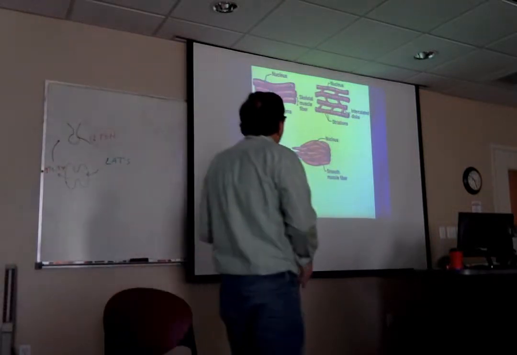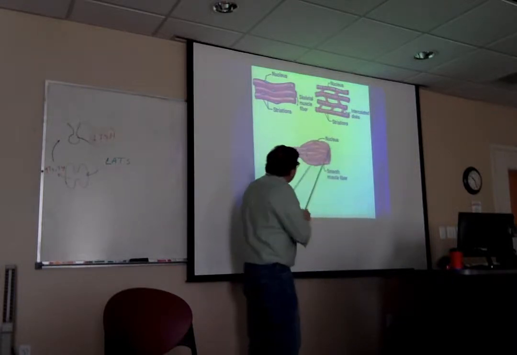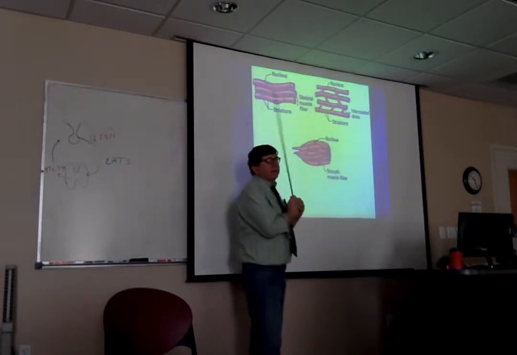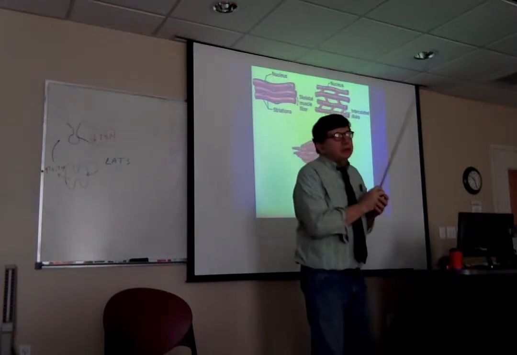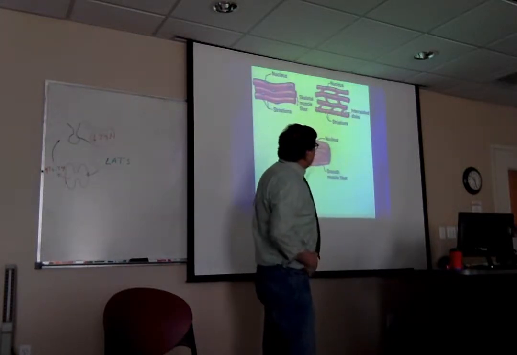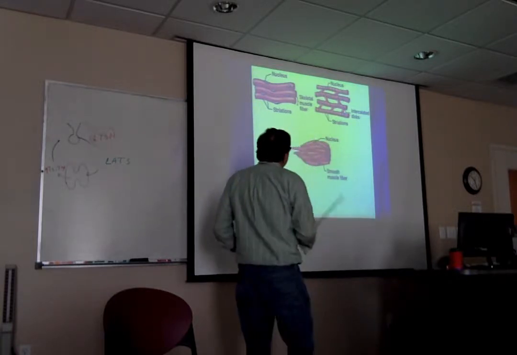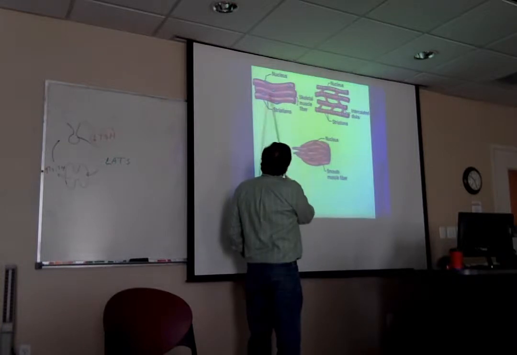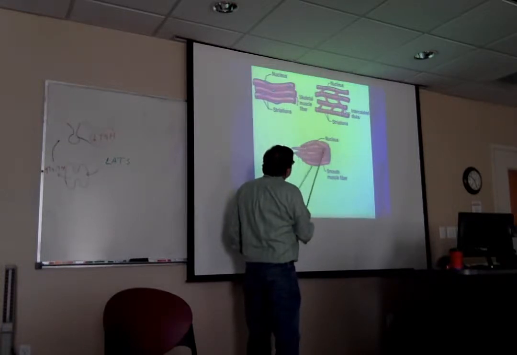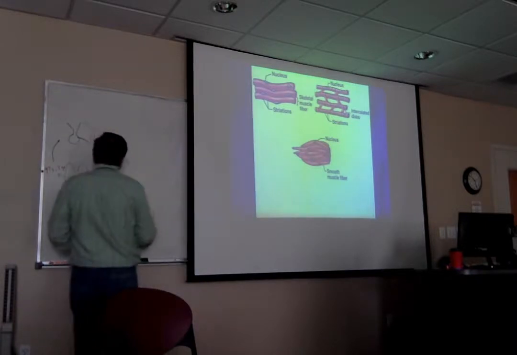Now, let's compare that to smooth muscle. We said smooth muscle doesn't connect to bone. Smooth muscle lines the walls of hollow organs. The shape is different. Instead of being cylindrical, the ends are tapered. So we say the cells are fusiform in shape.